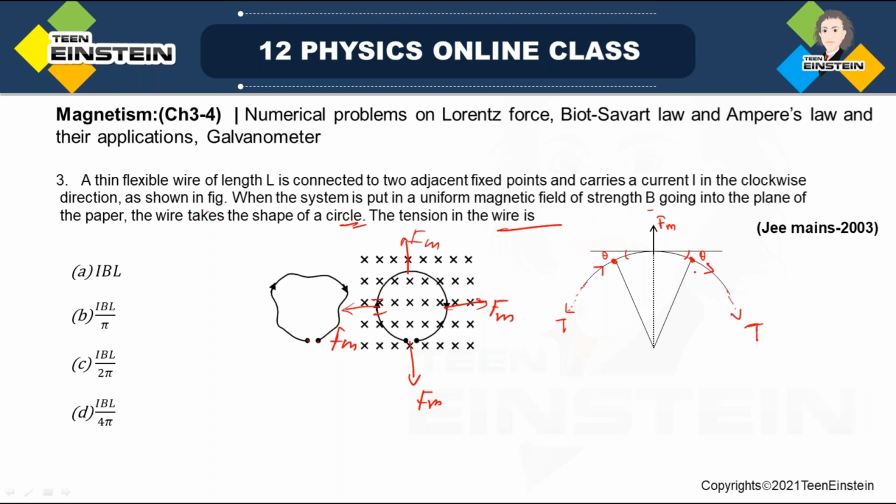And if these angles are this, so this also will be a small angle theta.